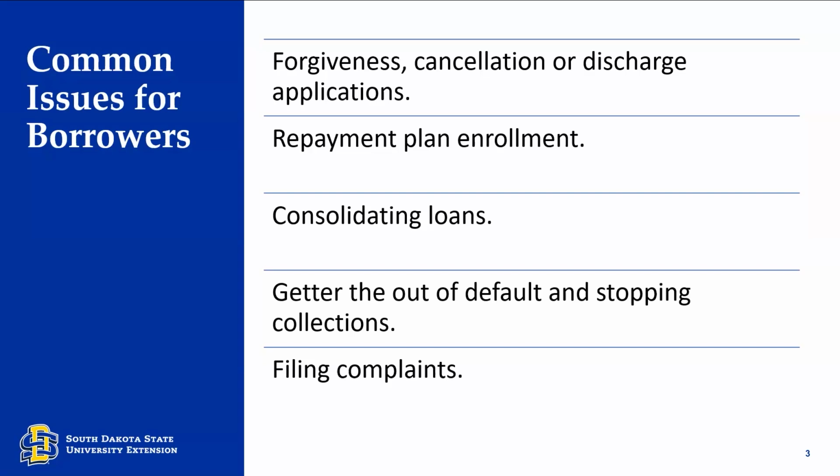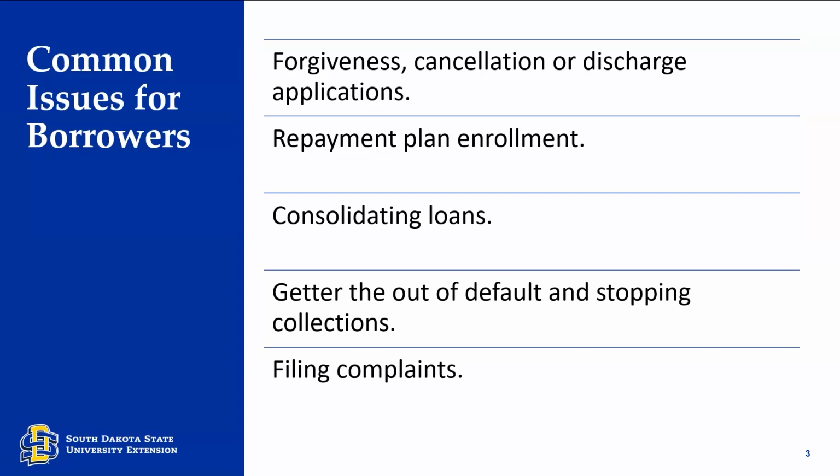Some issues that are happening with borrowers at this point in time involve the forgiveness, cancellation, or discharge applications. Borrowers are not knowing for sure how to fill those out or where that information is.